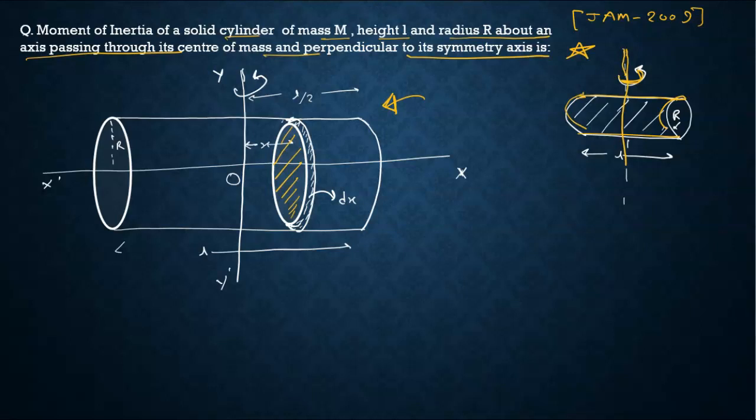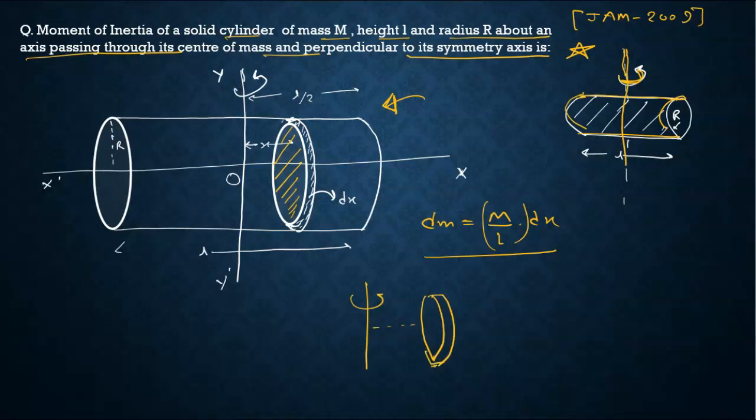So the mass of the elementary disk is equal to m by L into dx, right? So like this, this is our axis, this is the disk which we have taken. To find the moment of inertia across this axis, we have to use the parallel axis theorem.